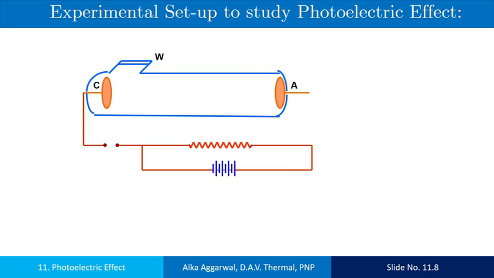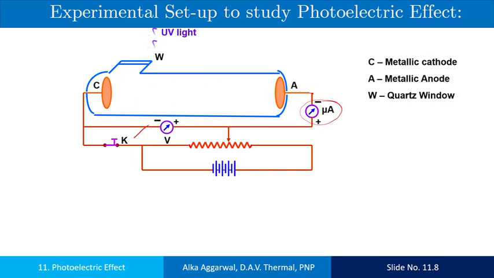A is an anode, and these are connected with a potential divider so that the potential at the anode may be positive or negative with respect to the cathode. K is a switch or key. A microammeter is connected in this circuit because a very small amount of current flows in this process and cannot be used as such. It is first amplified, its magnitude is first increased, and then it is used. V is a voltmeter.